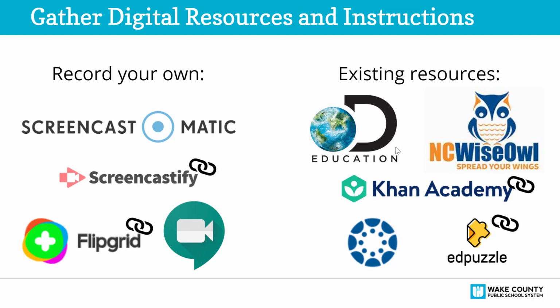And then take a look at what existing resources you have. We have access to Discovery Ed and NC WiseOwl that are located in the Wake ID portal. You might use videos from something like Khan Academy or Edpuzzle, or maybe you take a look at what's available in Blue Canvas or Student Canvas that students already have access to.